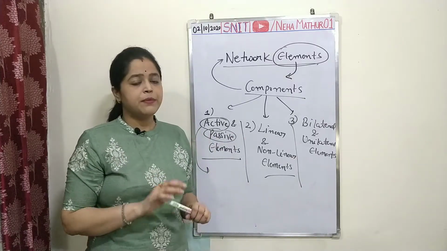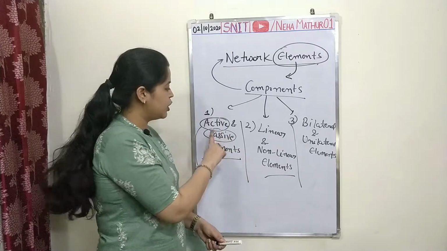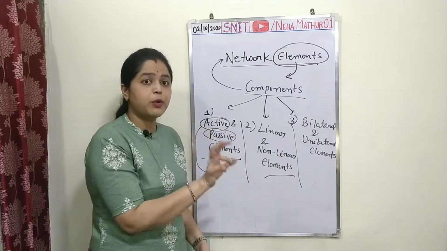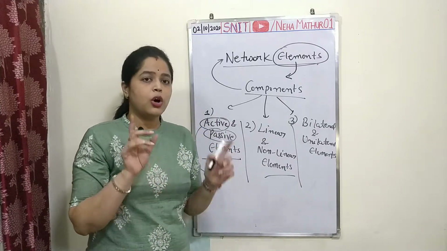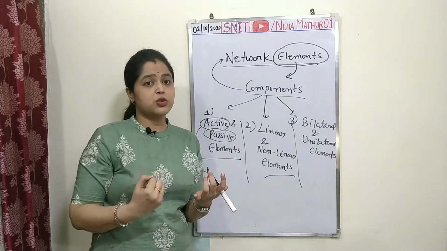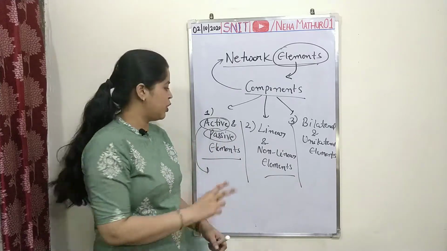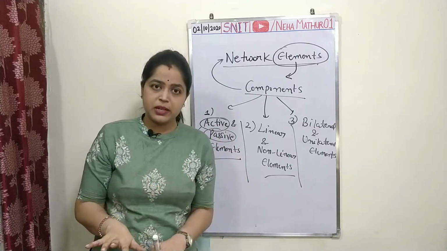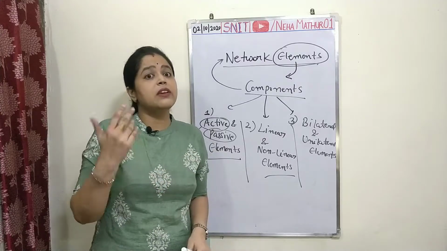All the components which can deliver power come under the category of active components, and the speciality of active components is that they are able to absorb power also. So all those components which are able to deliver as well as absorb power from the circuit come under the category of active elements, while passive elements are those which are only able to absorb power. They are not able to deliver power.